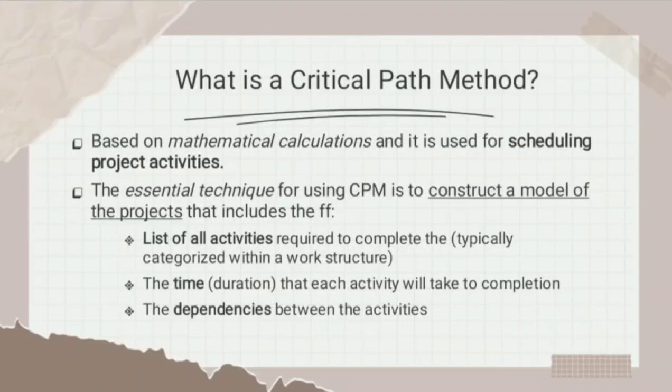The essential technique for using CPM is to construct a model of the project that includes the following. First, a list of all activities required to complete the project, typically categorized within a work breakdown structure. Second, the time or duration that each activity will take to completion. And lastly, the dependencies between the activities.